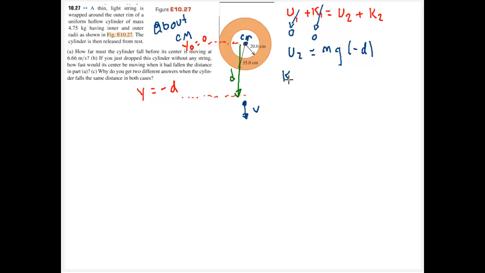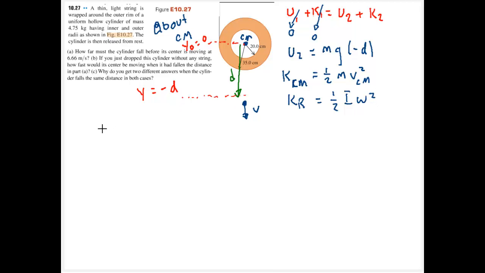We're going to have kinetic energy in the form of translational motion, so kinetic energy about the center of mass. That's going to be 1/2 mass velocity of the center of mass squared. And we're also going to have rotational kinetic energy, which is going to be 1/2 I omega squared.